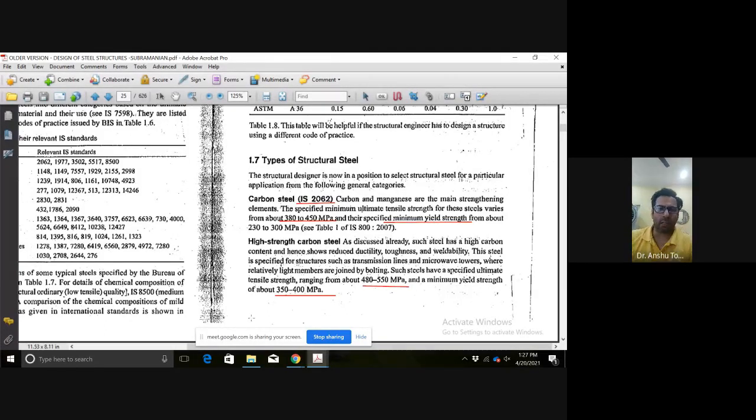We will be talking of the higher value because there is a range which is there, because this is the lower range. You can say 350 to 400, as it has been mentioned minimum here. But the classification we have to do here is going to be according to the higher value.